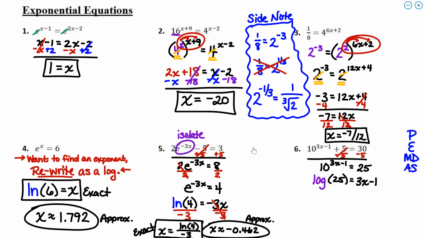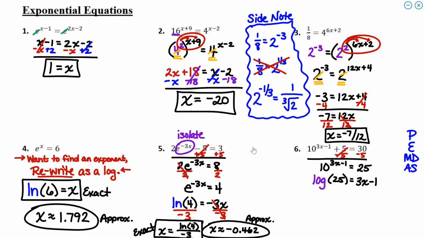We can go with common log, or we can also choose natural log. Since on the last one, when we did change of base, we did common log, why don't we do natural log on this one? It does not matter. You get to choose which one you want. I'm going to do natural log of 2 to the x plus 7 equals the natural log of 3 to the 2x.